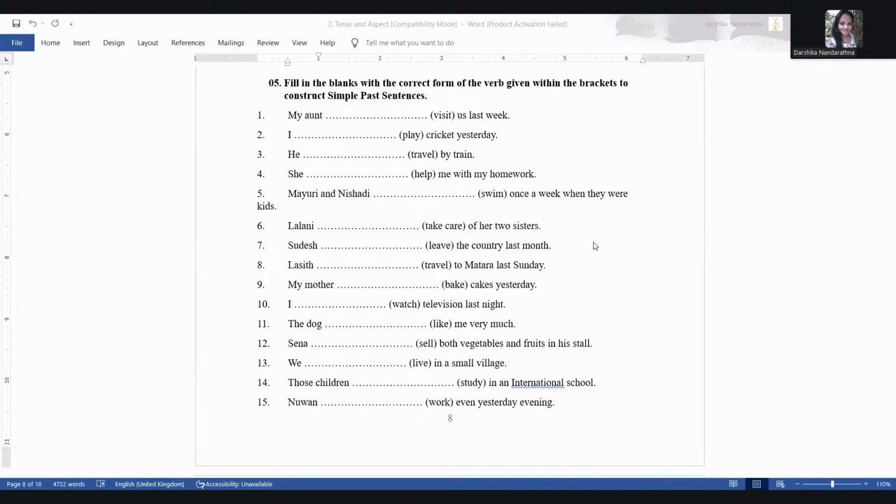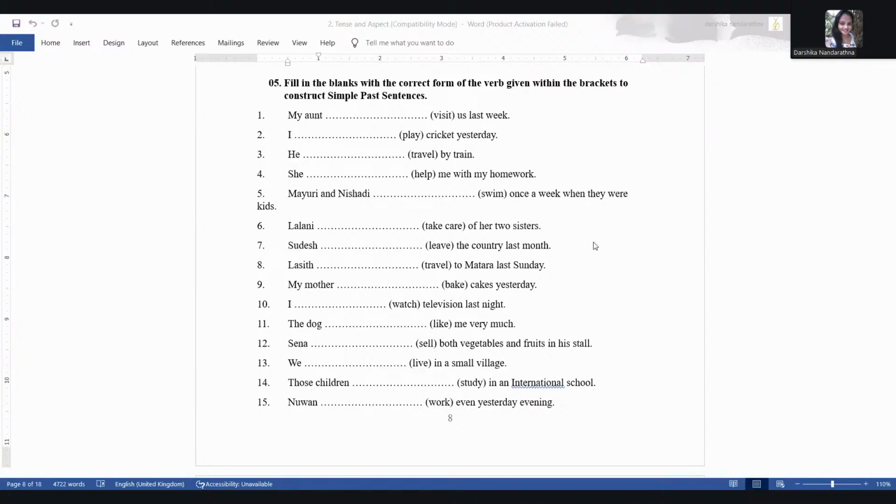I played cricket yesterday. As you can see, there are hint words, Pute. Hint words are there. You learn about hint words and time markers. Last week, yesterday. So those words indicate that these actions belong to the past. Okay. I played cricket yesterday.